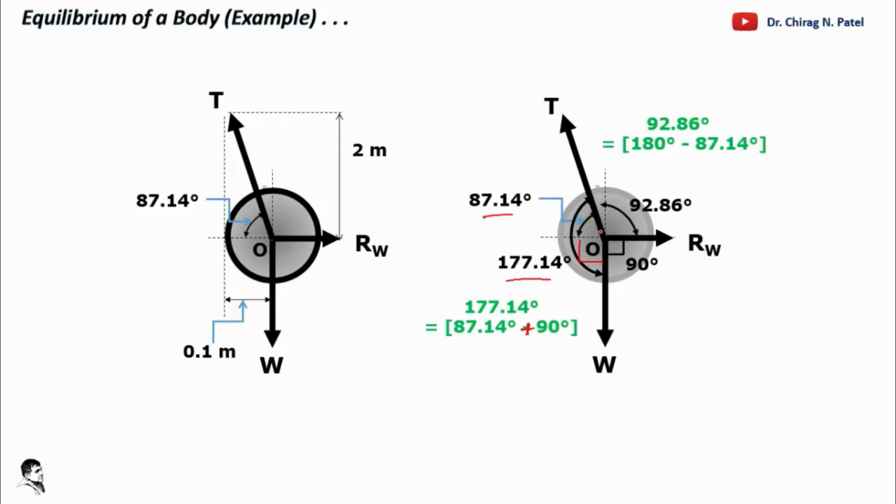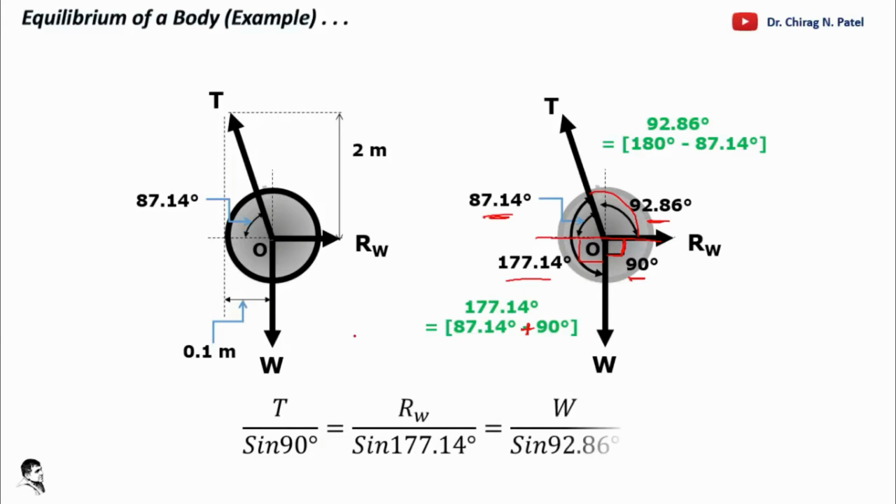And if this is the angle of 87.14 and this is a complete horizontal line, with that you can find this angle, which is 180 minus this much, that is 92.86 degree here, and these are perpendicular to each other, so that is 90 degree. Out of these angles, it is now very easy to resolve the forces.